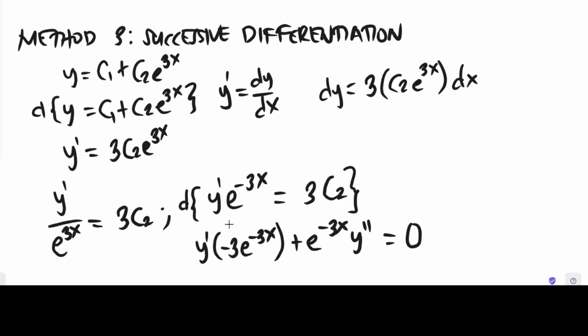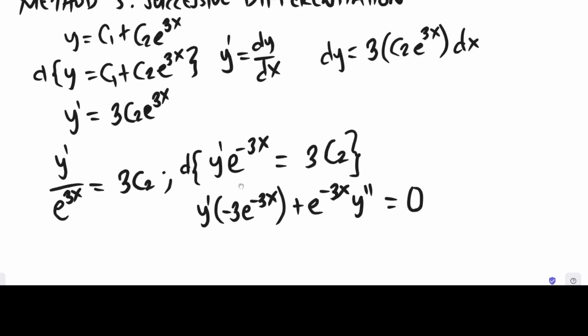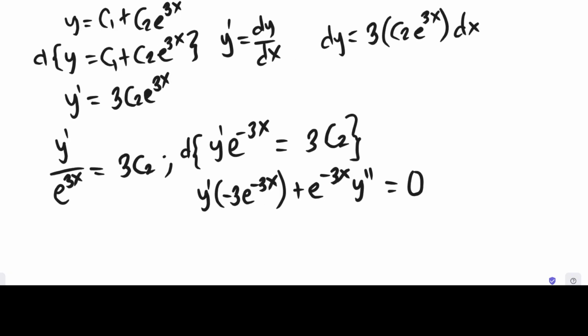Now rewriting this equation, we will have negative 3y prime. But if we notice, both terms have e raised to negative 3x. So we can eliminate e raised to negative 3x by multiplying by e raised to 3x, so that e raised to 3x minus 3x, e raised to 0, will be equal to 1.